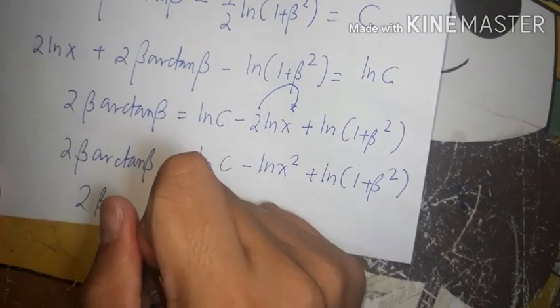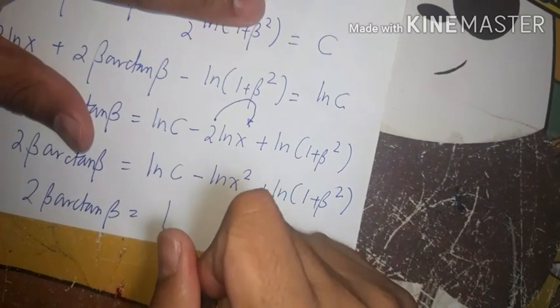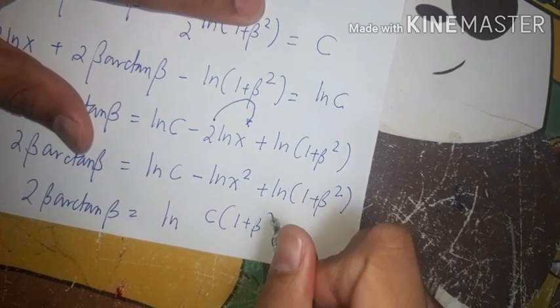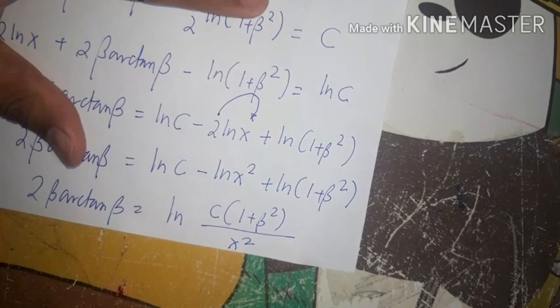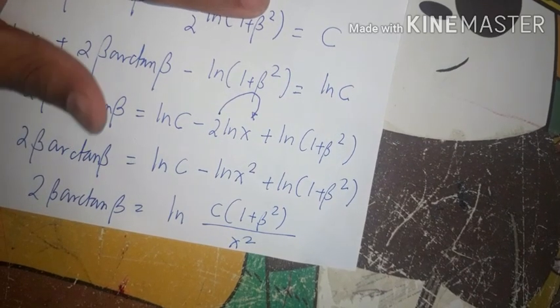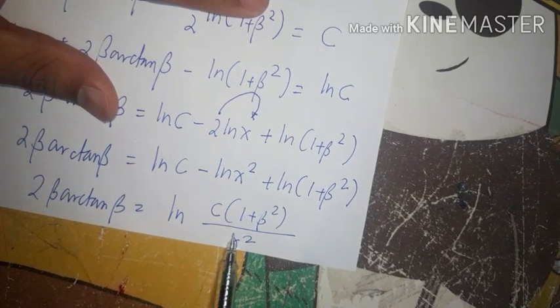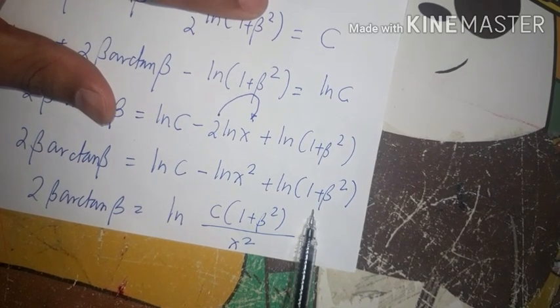That's 2 beta arctangent beta is equal to ln of c times 1 plus beta squared over x squared. Since kapag ka minus, nasa ilalim lang. Pagka plus, pinagmumultiply natin yung c and 1 plus beta squared.